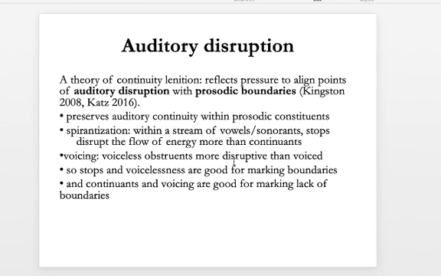Internal to a prosodic phrase or a word, we found these lenition processes. The basic idea here, points of auditory disruption should be aligned with structural discontinuities, that is with phrase boundaries, while points of auditory continuity should be not aligned with structural boundaries. They should be continuous within a structural constituent.